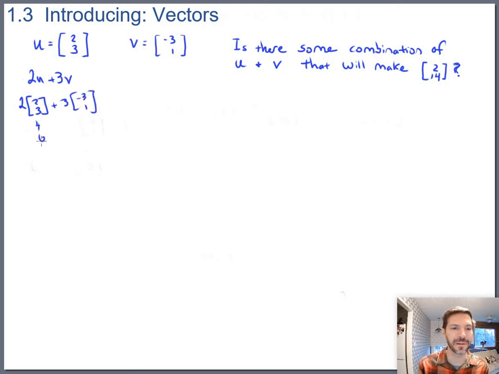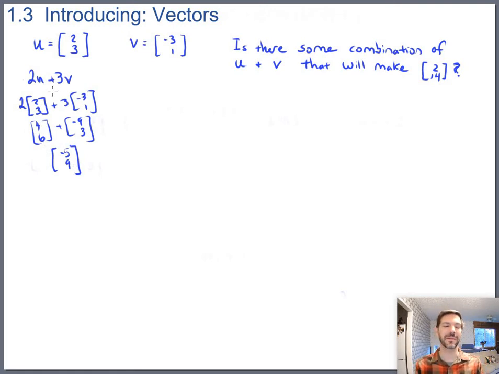So that's (4, 6) plus (-9, 3). And that makes (-5, 9), right? So that's one attempt to combine U and V, but it does not combine to make (2, 14). So there must be some way though, or maybe not, but let's find out.